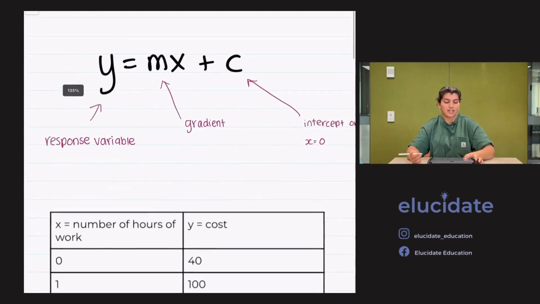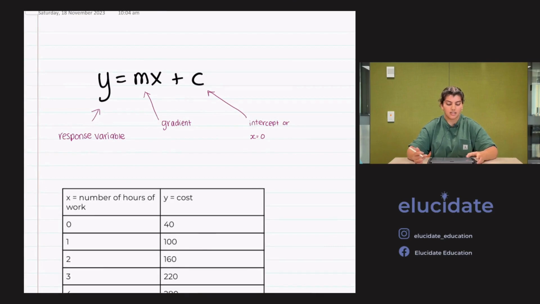In this example, the equation for the line of best fit is y equals mx plus c. Y is the response variable, so this is whatever you're trying to find, whatever the answer is. M is the gradient. We'll go through that in more detail later, but it's basically the constant that is increasing or decreasing as data goes on.